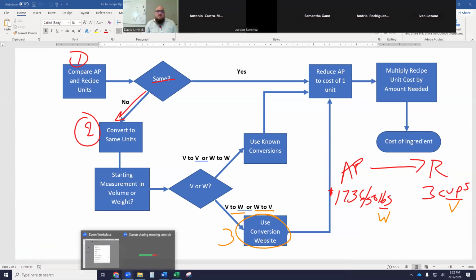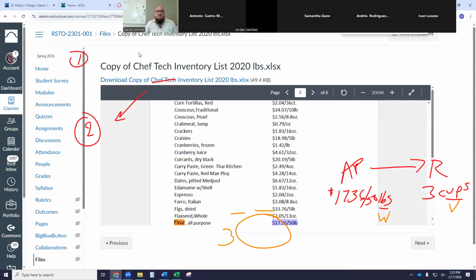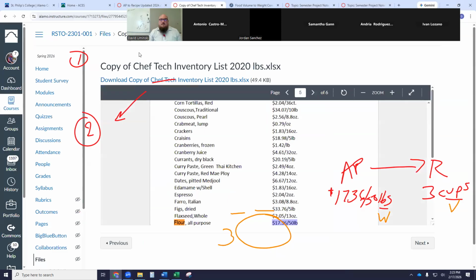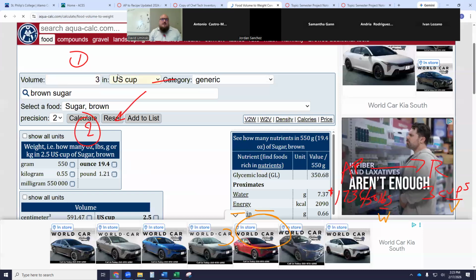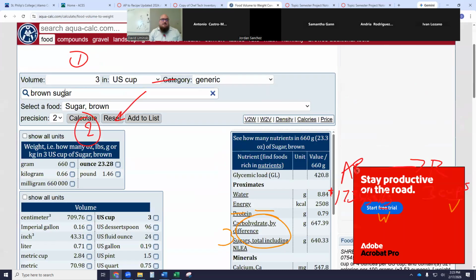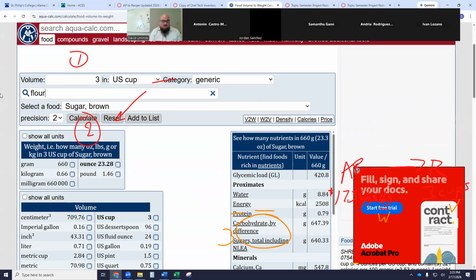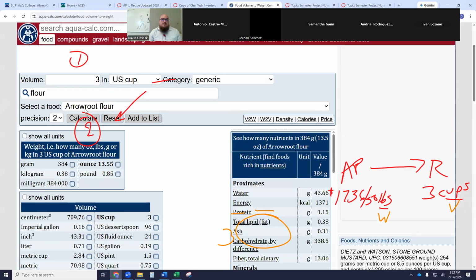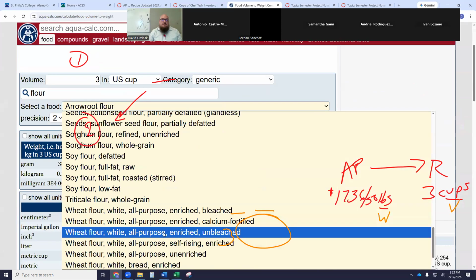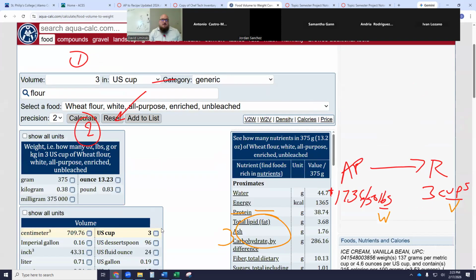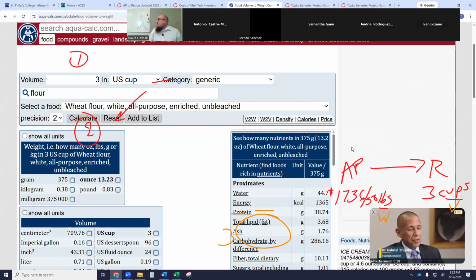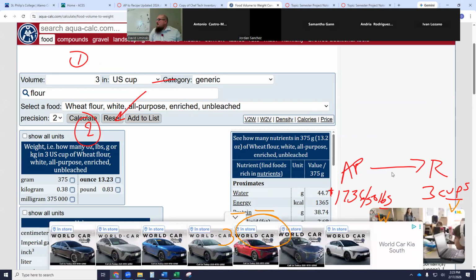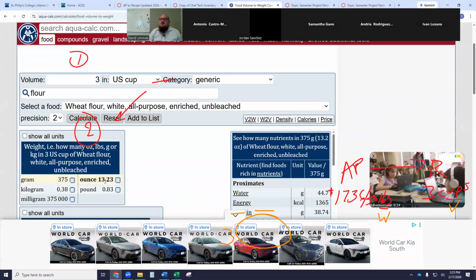So we come to our conversion website. We do 3 cups of flour. Make sure we get the right one. Now, looking at this right here, the AP to recipe, which one of these should we use?